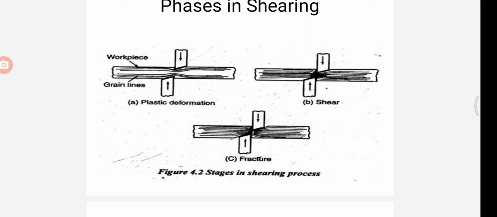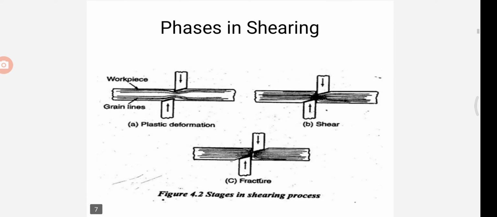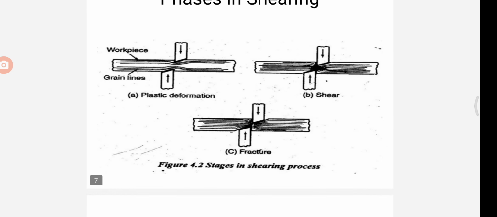That is the offset. If it happens, the fracture lines may not meet cleanly and the material will be dragged down into the gap between the blades. So these are the phases of shearing. We can see three diagrams: plastic deformation, shearing and fracture. These are all stages in the shearing process.